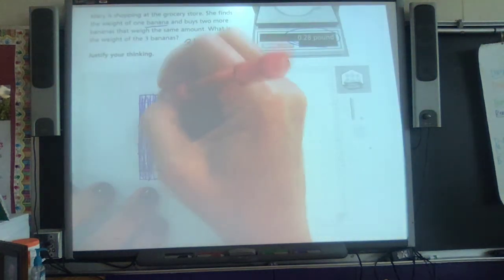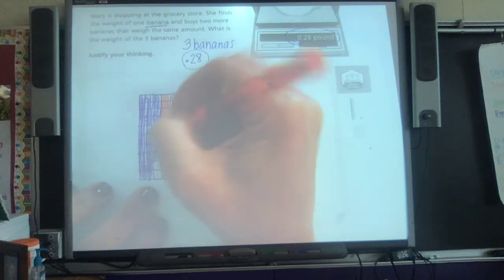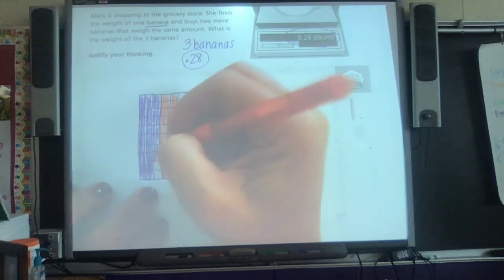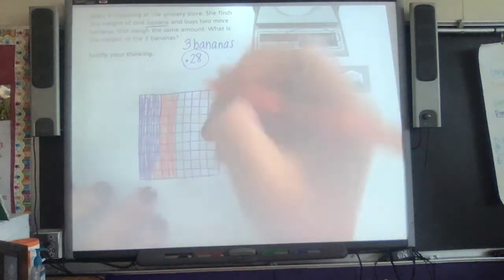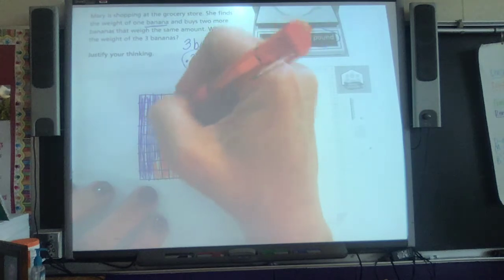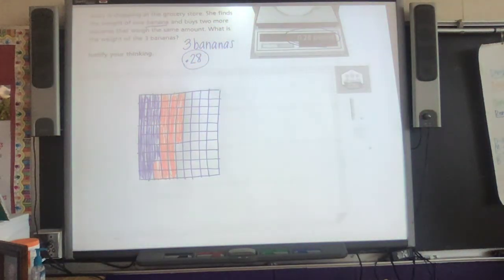So I'm going to go ahead and fill in 1. I made this one a different color, this banana. So there's 20, 21, 22, 23, 24, 25, 26, 27, 28. So there's 28 hundredths to show my second banana.